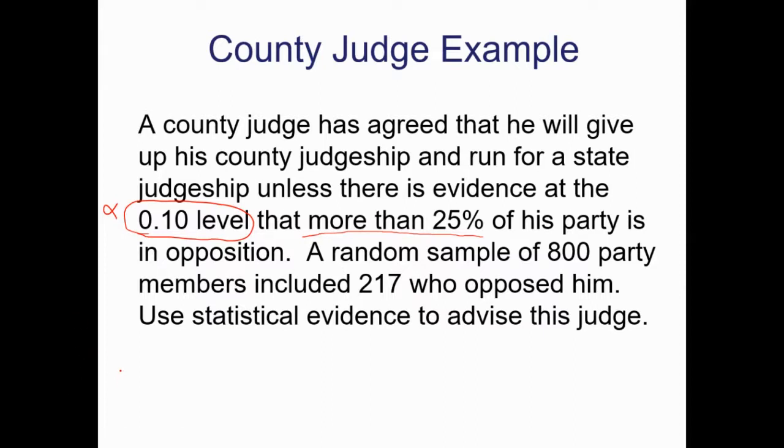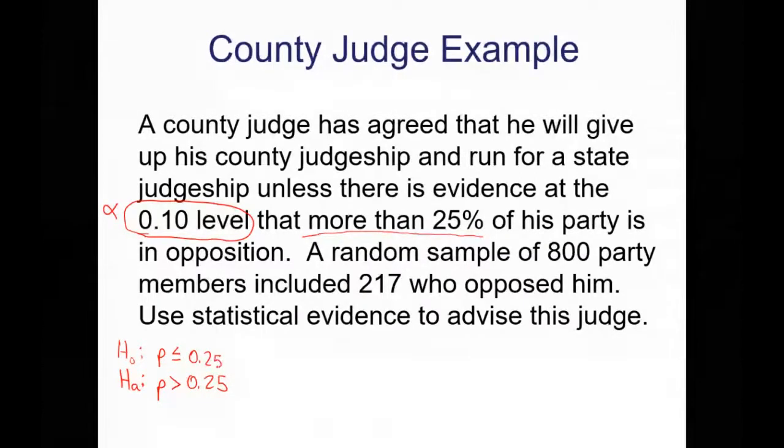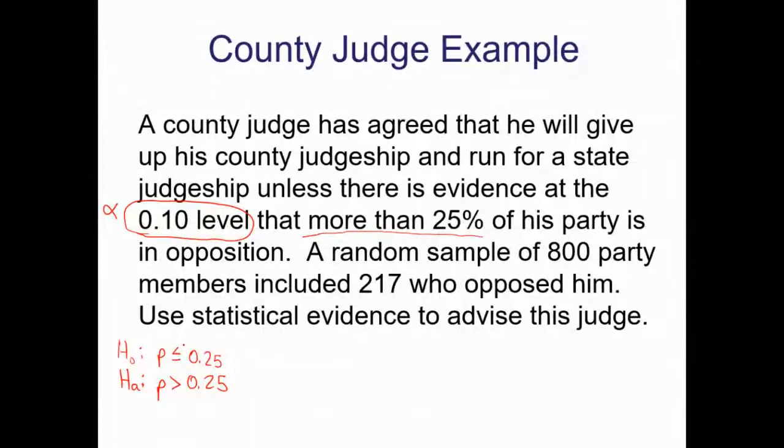Let's make note of that down here. Our alternative is that P is greater than 0.25. So what would the null have to be then? Less than or equal to. So for dual credit, that's what you'd put. What would it be for AP?